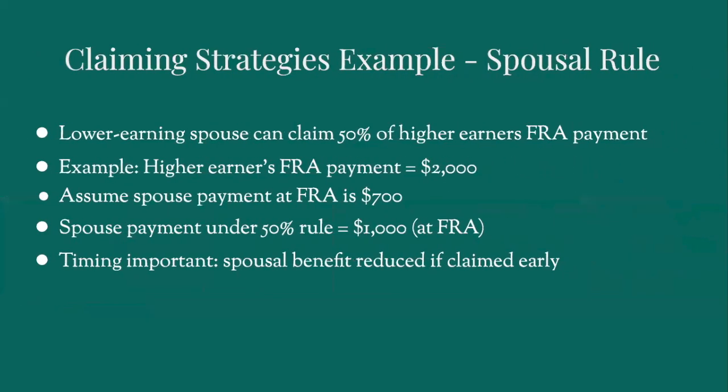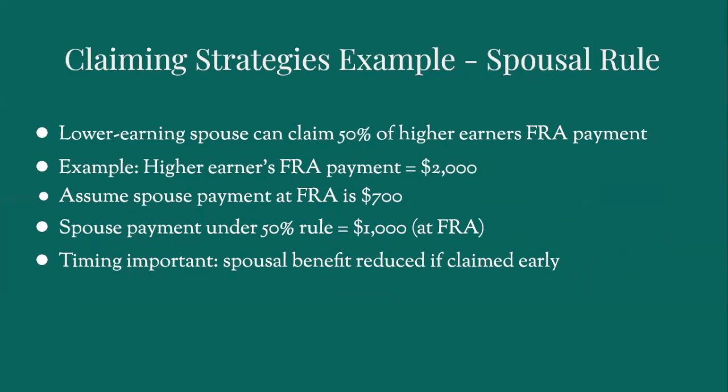All right, claiming strategies. Here's a couple of examples of claiming strategies. There's a spousal rule. Lower earning spouses can claim 50% of the higher earner's full retirement amount, their FRA payment. Example, the high earner's FRA payment is $2,000. Assume the spousal payment at their FRA is $700.